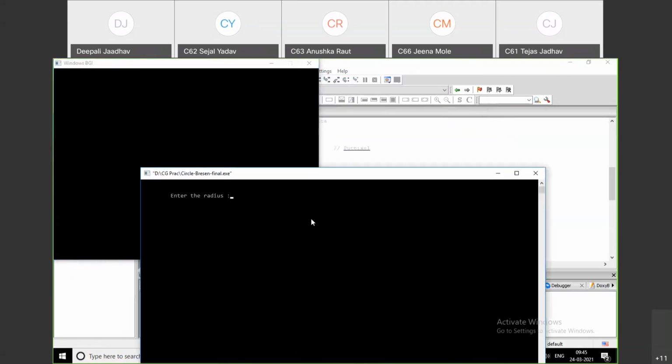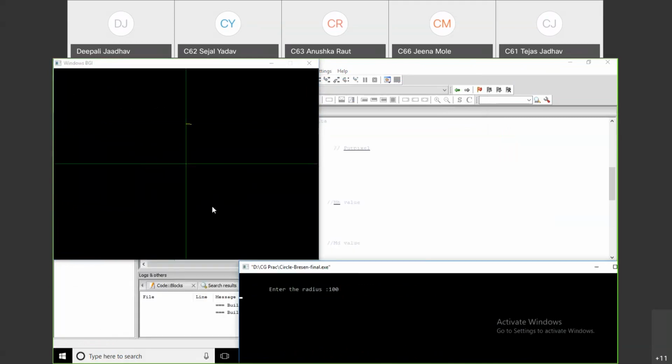First you have to give the radius. I give the radius 100, and now you can observe here. One by one the pixel is generated according to the algorithm, as the pseudocode is implemented here.